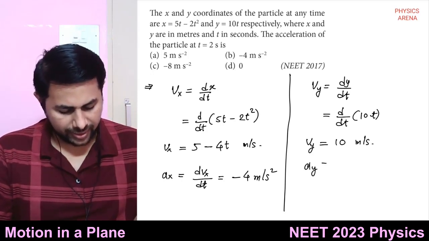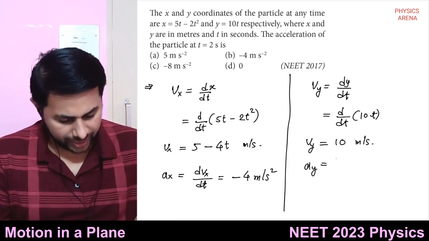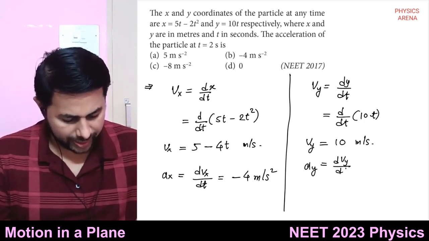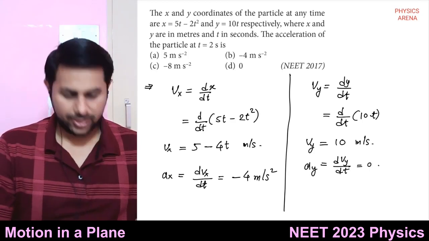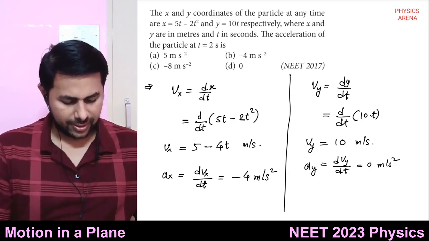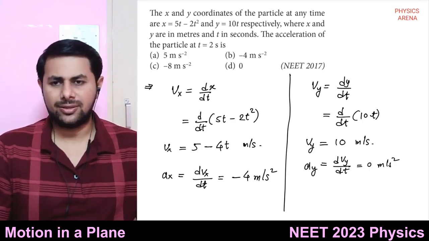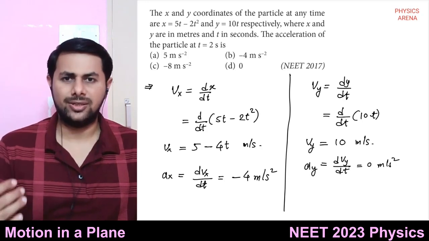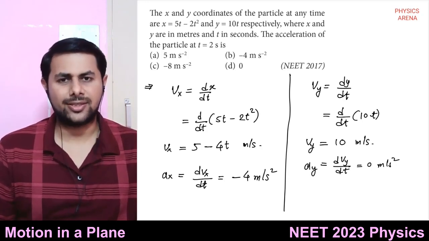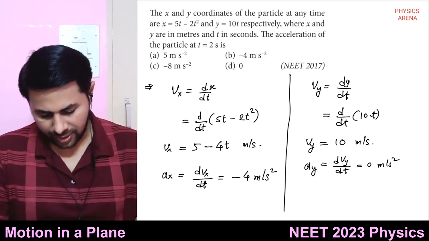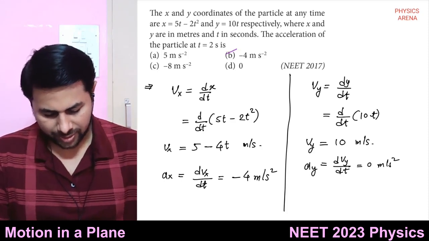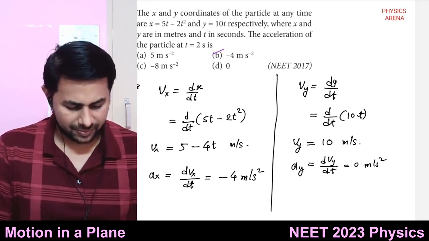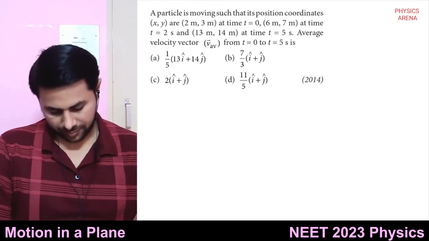So ay is dvy by dt, and it's equal to 0 meters per second square. So how much would be the net acceleration? It will be minus 4, right? There is acceleration in x direction only, no acceleration in y direction. So the answer is minus 4. Very simple, right? Next question.